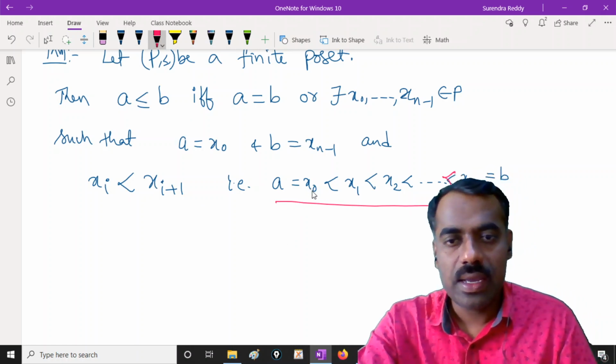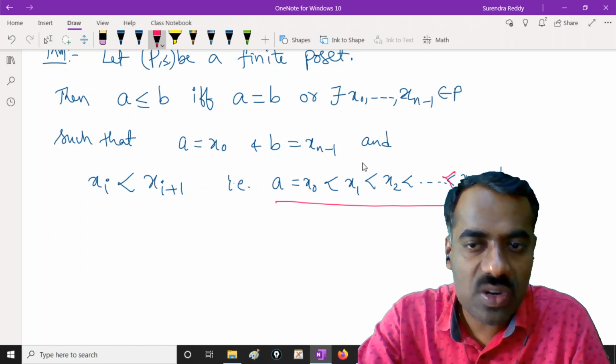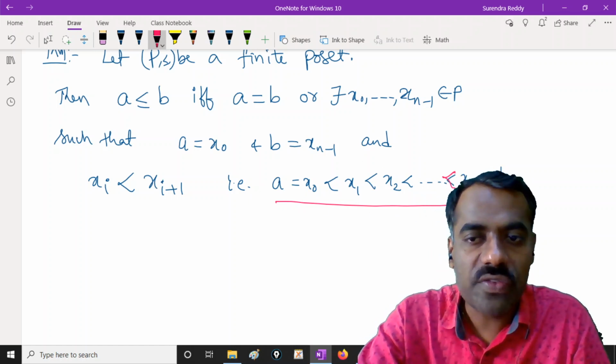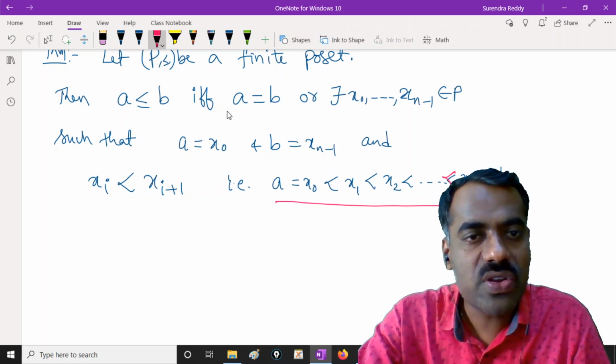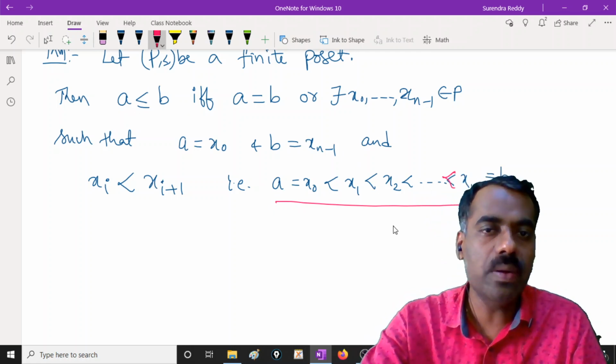That means you can put elements between A and B such that no further elements can be inserted. Are you following? Conversely, if you have such a chain of covering relations between A and B, you can say that A is less than or equal to B.